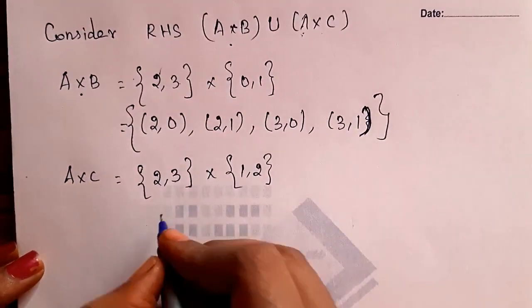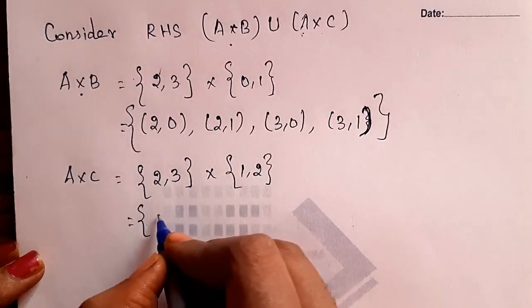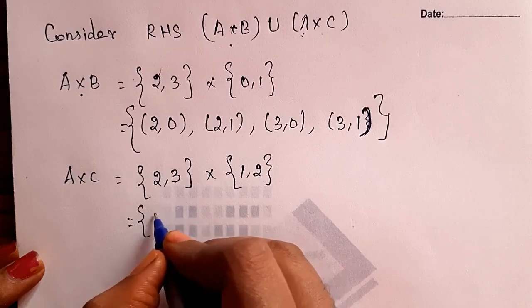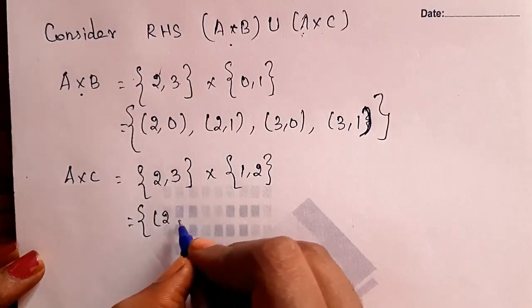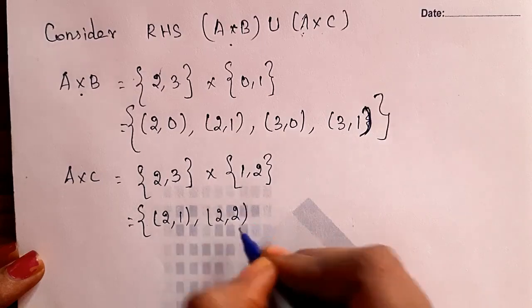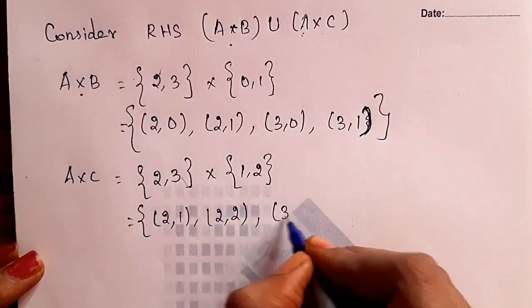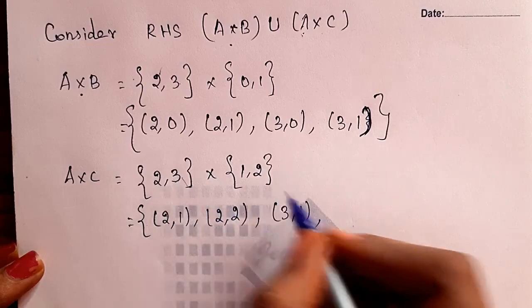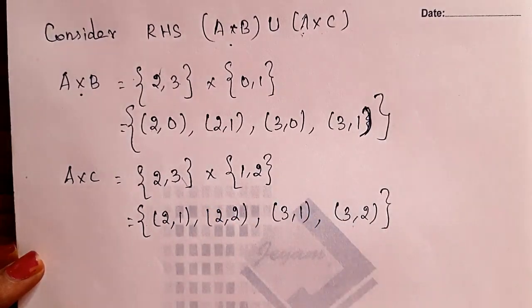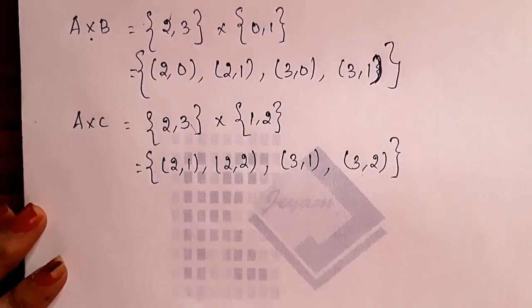Just you can make the cross product, that is the set of all ordered pairs 2, 1, 2, 2, then 3, 1, 3, 2. Okay, we did that.